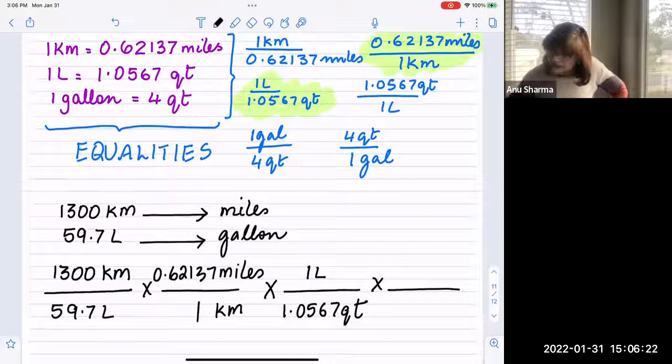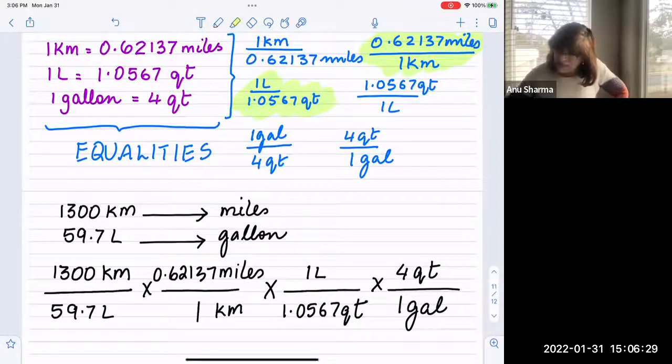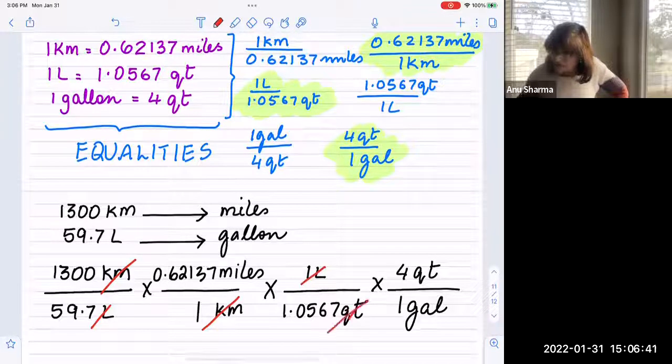So next we have 4 quarts and 1 gallon, and this is coming from this one. So this conversion factor is used, and this is how we see now kilometers and kilometers cancel out, right? We are left with the miles. Liters and liters cancel out, quarts and quarts cancel out. So all we are left with is the unit of miles and gallons, and that's what we want, miles per gallon.